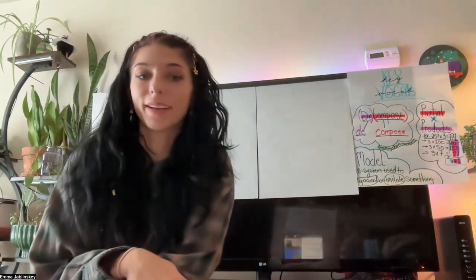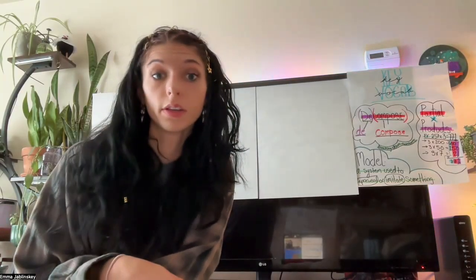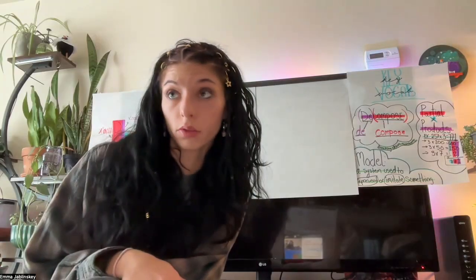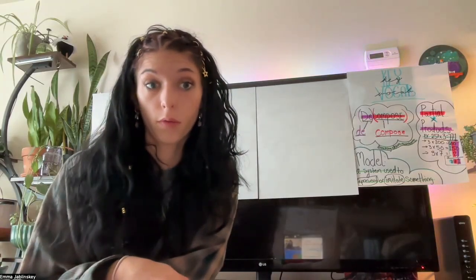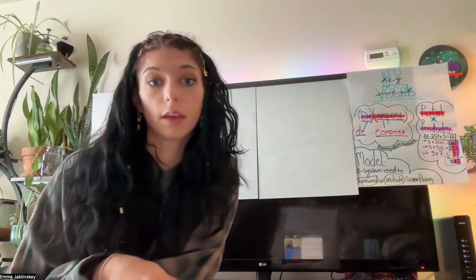Hi everyone, my name's Emma, and in this lesson, I am going to model for you how we can multiply two-digit numbers using decomposition to make equations easier or simpler. We will also be using area models, which we've visited before, to show our thinking.